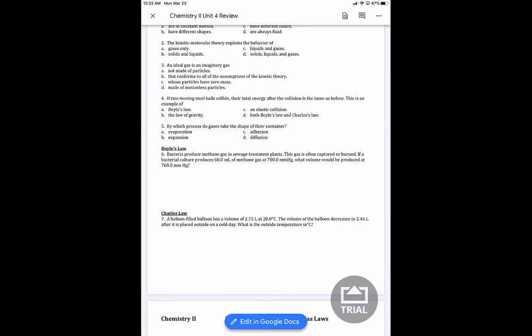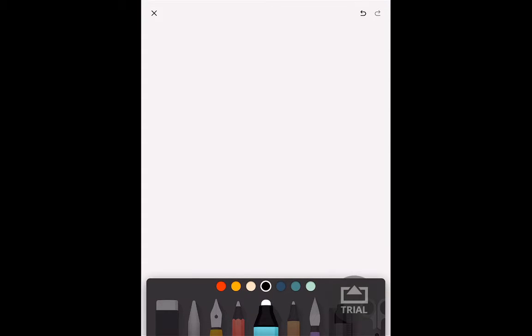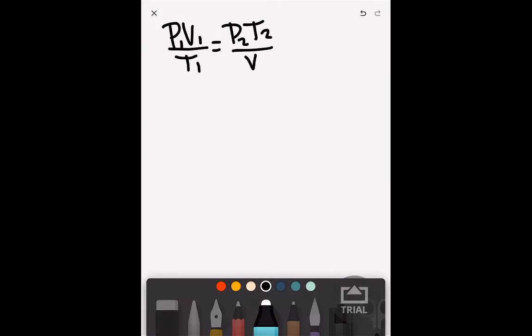Okay. So again, we're not even going to worry about that this is Charles's law. We're just going to go back and use again our combined gas law equation. That's the easiest way to do it if you ask me. So P1V1 over T1 is P2V2 over T2. I'm sorry, I don't know what I'm thinking here.